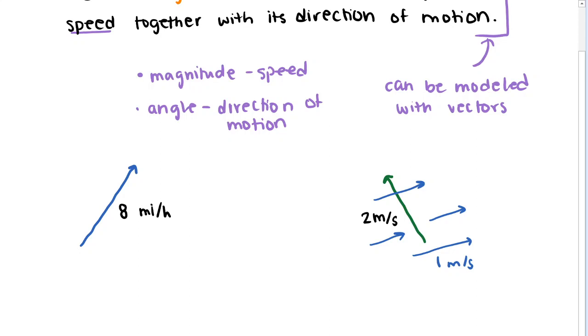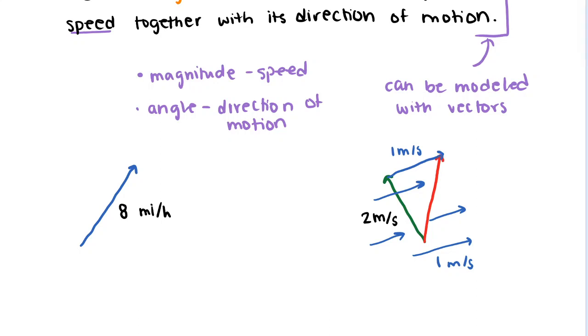So it turns out that the direction that the swimmer actually travels is going to be the sum of these two vectors. If I imagine drawing that 1 meter per second vector in the direction that goes off to the right, at the very tip of our green vector representing the swimmer's velocity, the true velocity of the swimmer comes from the sum of these two vectors.